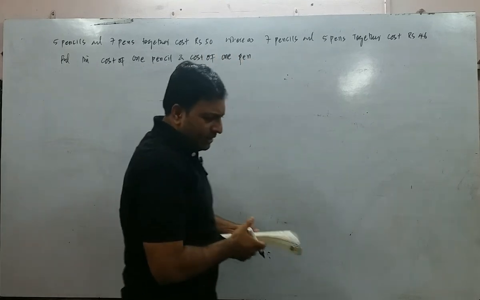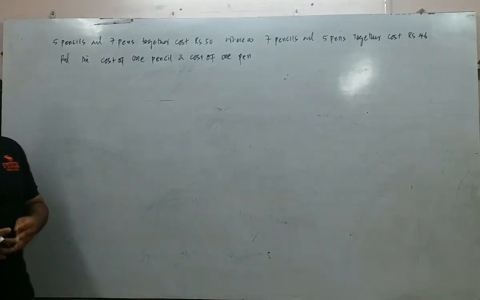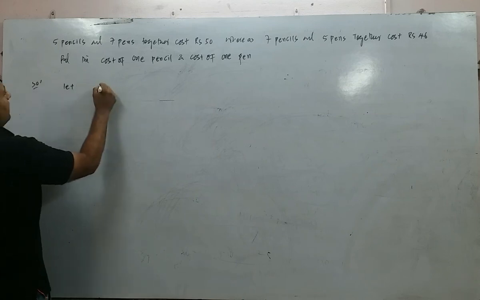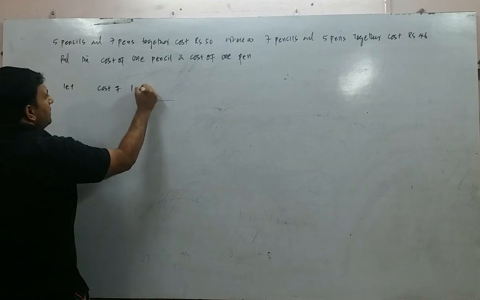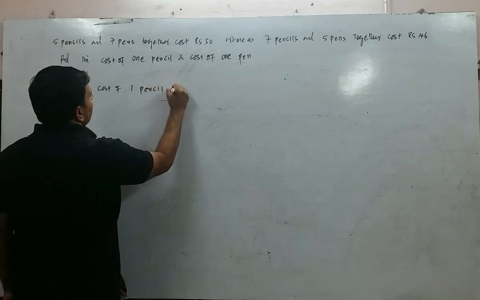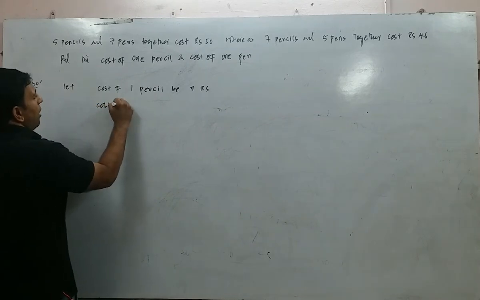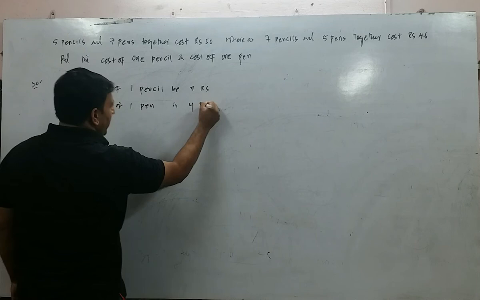Alright, very simple problem. Again I have told you what is important here is to frame a linear equation. Now let cost of 1 pencil be x rupees, cost of 1 pen is y rupees.